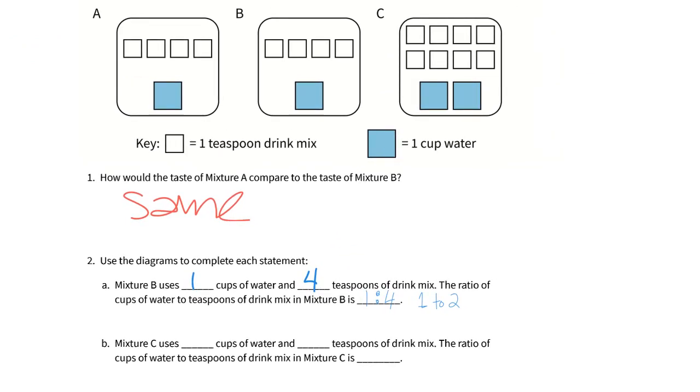So mixture C uses how many cups of water? 2. And how many teaspoons of drink mix? 8. So we're going to write that as 2 cups of water, 8 teaspoons of drink mix. And then the ratio of water to teaspoons is 2 to 8. All right, there we go.